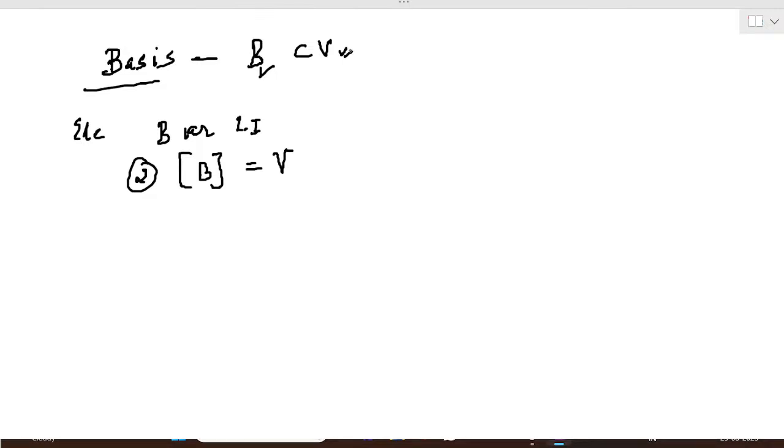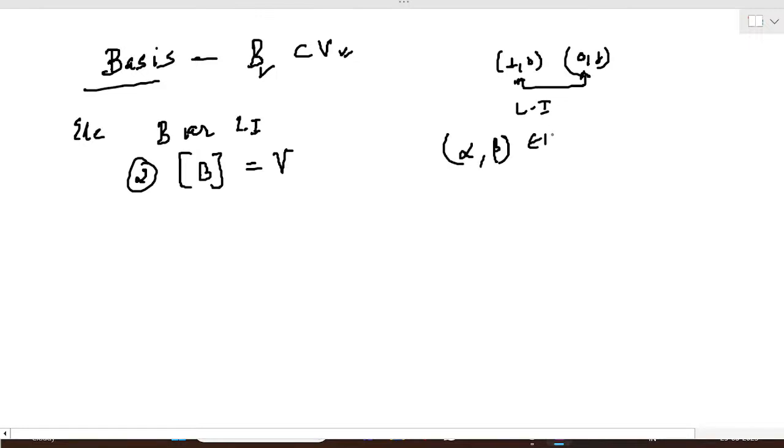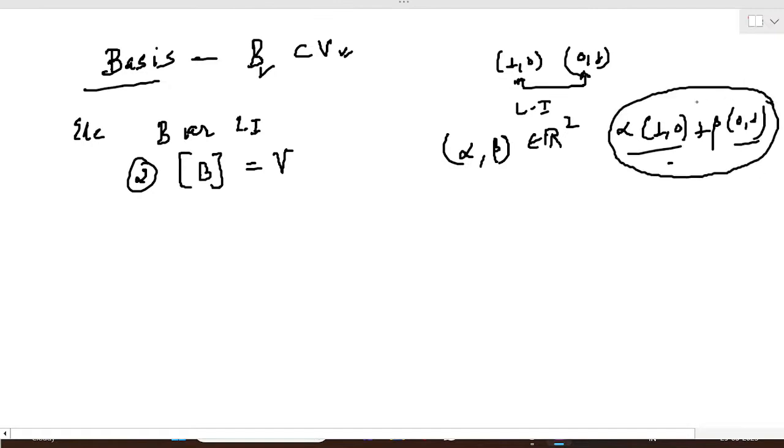Yes or no? So yesterday we were saying that the basis (1, 0) and (0, 1) are linearly independent of each other. And we saw today also that they will span the entire R square. So we can write alpha (1, 0) and beta (0, 1). So clearly this will generate the entire R square.